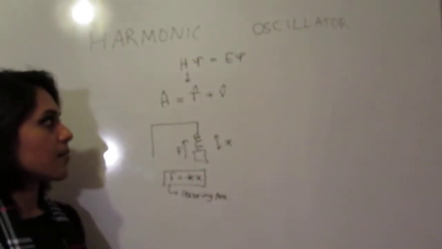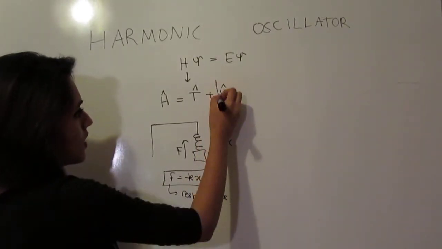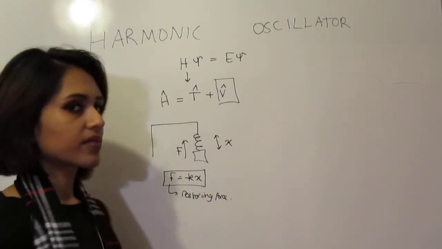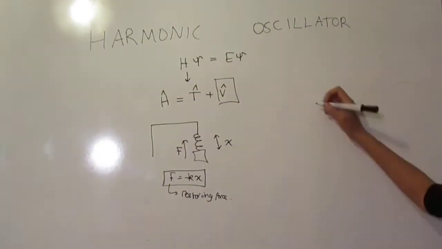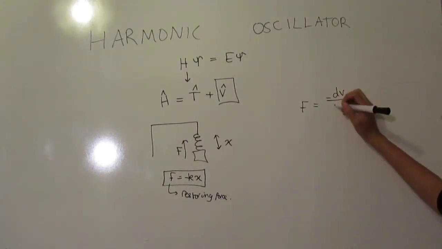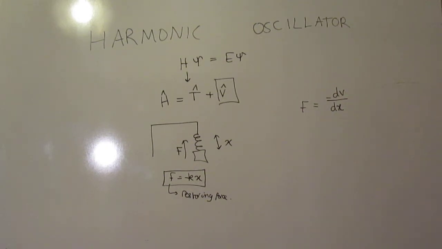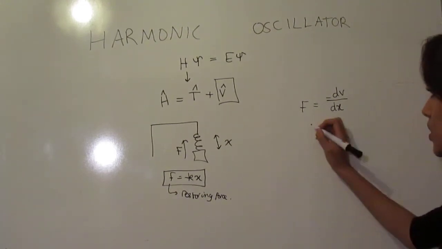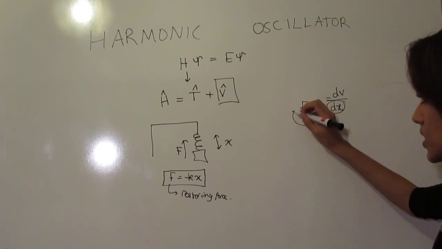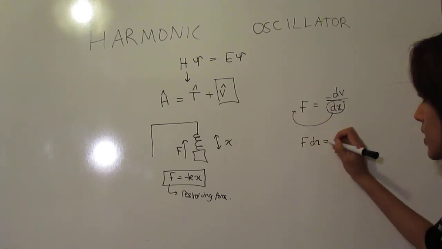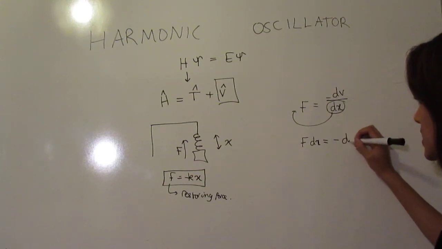Okay, so we're trying to find out what the potential energy is. So we know that F also equals minus the gradient of the potential energy. So we have this equation right here, and what we basically need to do is rearrange this equation. If we bring dx across to this side, we have F dx equals minus dV.